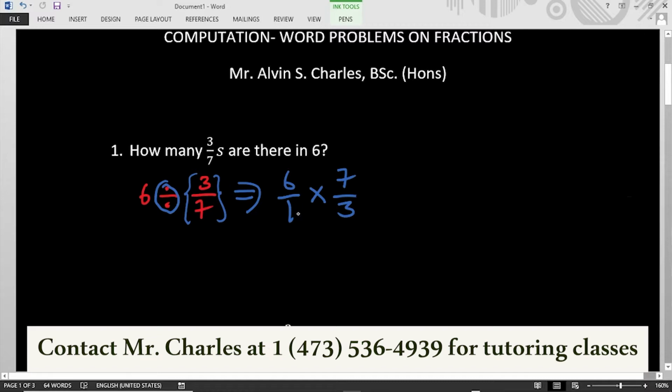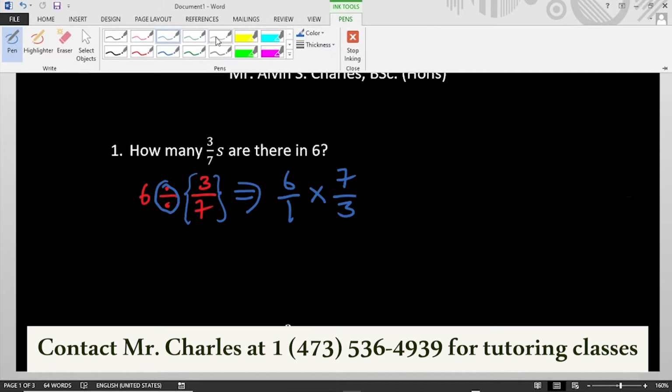We have to reciprocate it or flip it, so we can cross cancel.